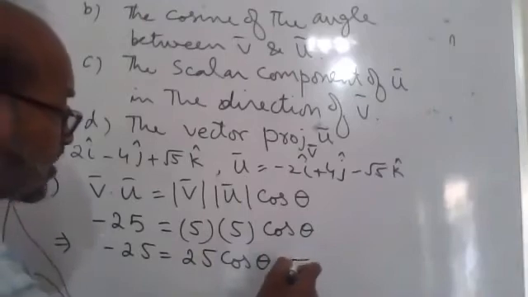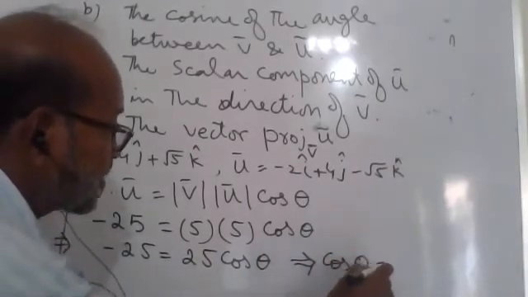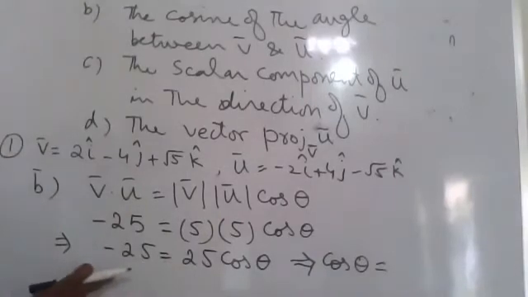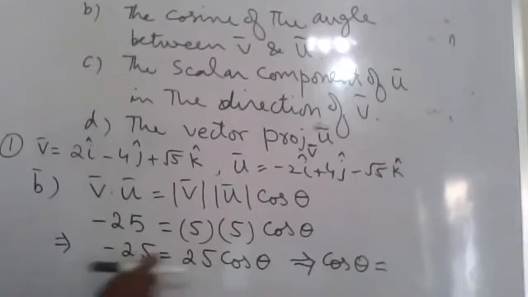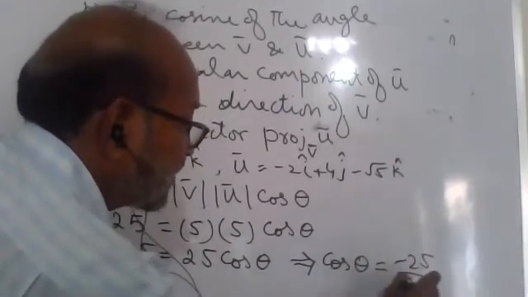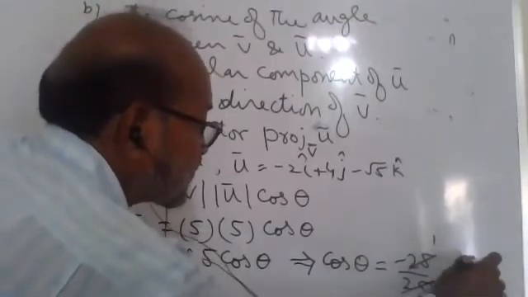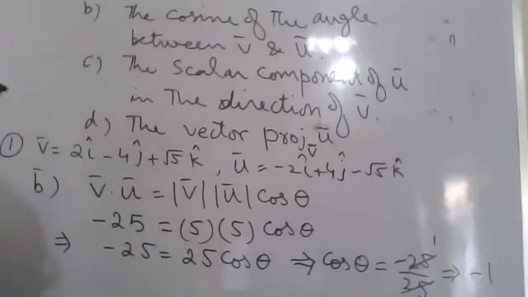Or cos of theta is equal to minus 25 divided by 25, as 25 goes to the other side. So minus 25 upon 25, the answer is equal to minus 1. So cos of theta is equal to minus 1.